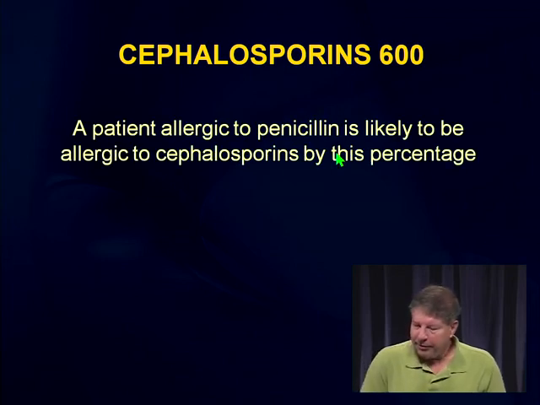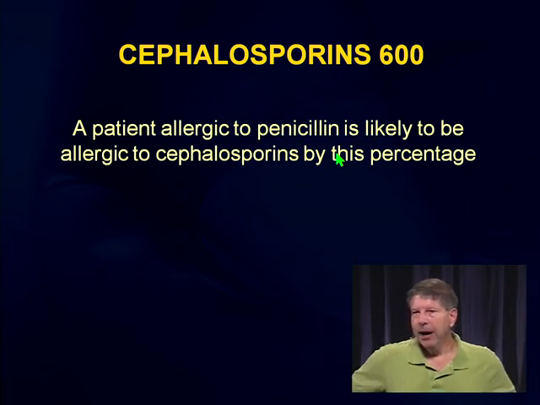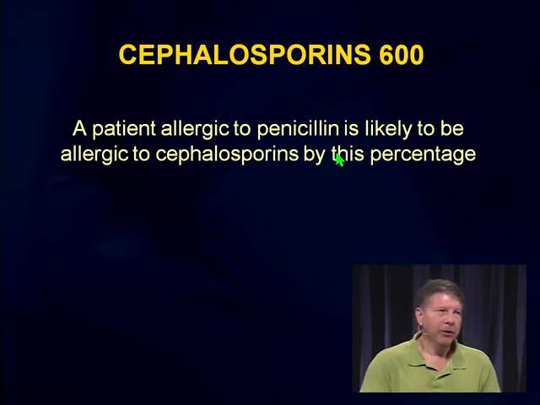A patient allergic to penicillin is likely to be allergic to cephalosporins by this percentage. This comes up on the test. They'll say, Johnny had this rash 5 years ago to penicillin, ampicillin, and now you need to treat his meningitis with ceftriaxone. Can you do it or not?